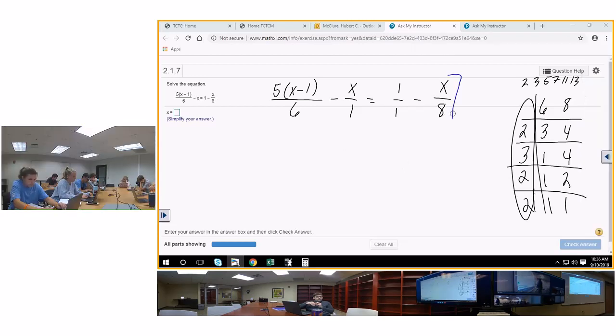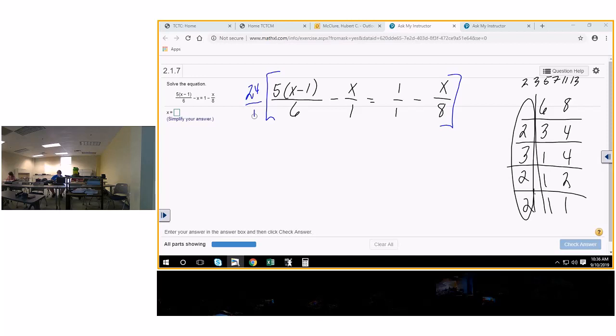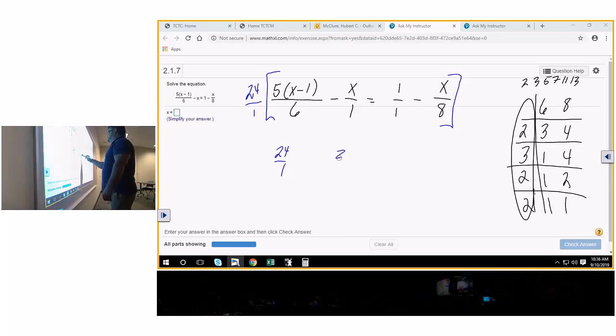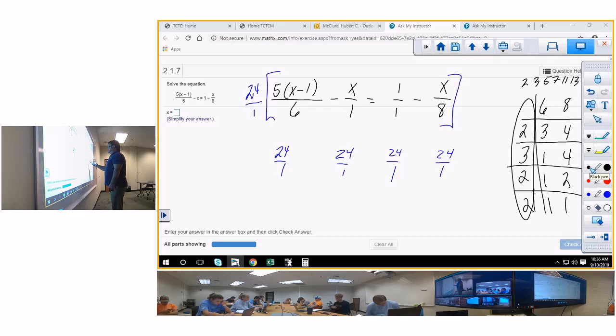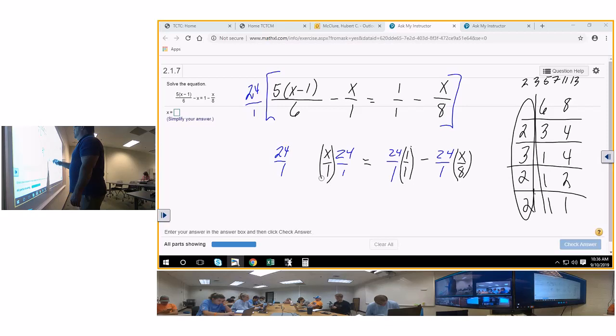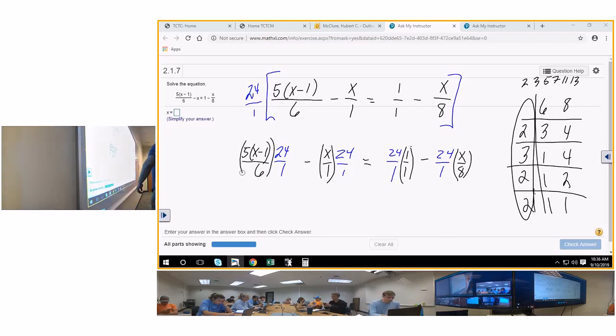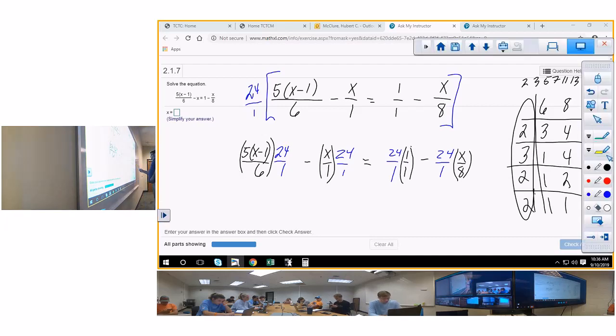There we go. Multiply by 24 over 1, 24 over 1, 24 over 1, 24 over 1, multiplied by x over 8, 1 over 1, x over 1, 5x minus 1 over 6. And what happens to the 8 over 24?